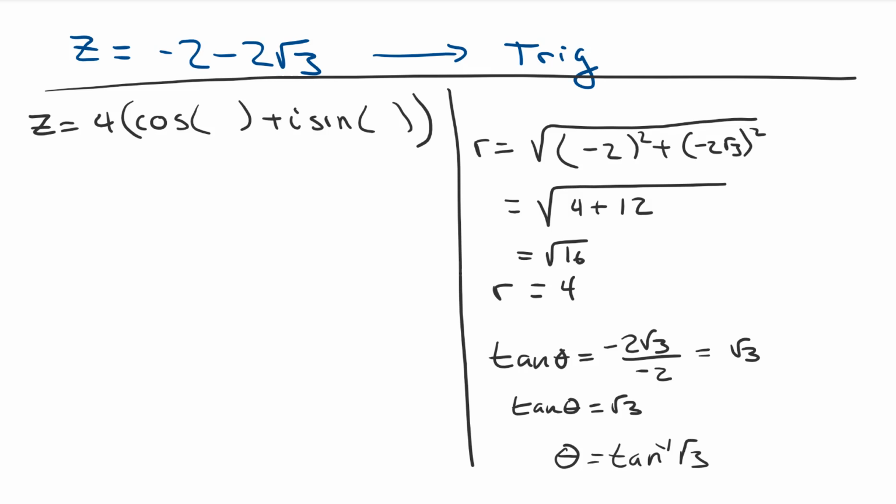And I'm pretty sure if we graph this, just a quick sketch, negative 2, negative 2 root 3, aren't we down here, a negative real and a negative imaginary? I don't think this equaling pi over 3 would make a heck of a lot of sense. I don't think that's going to be the right spot.